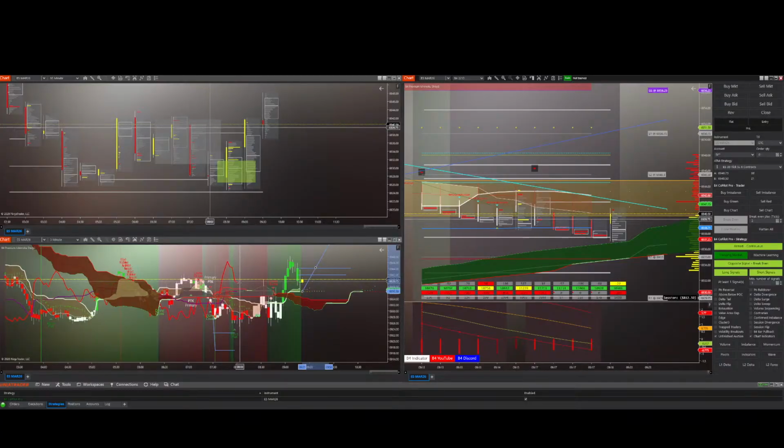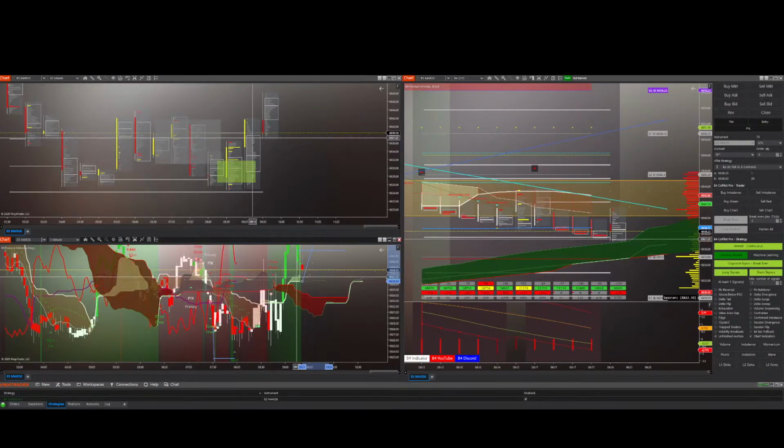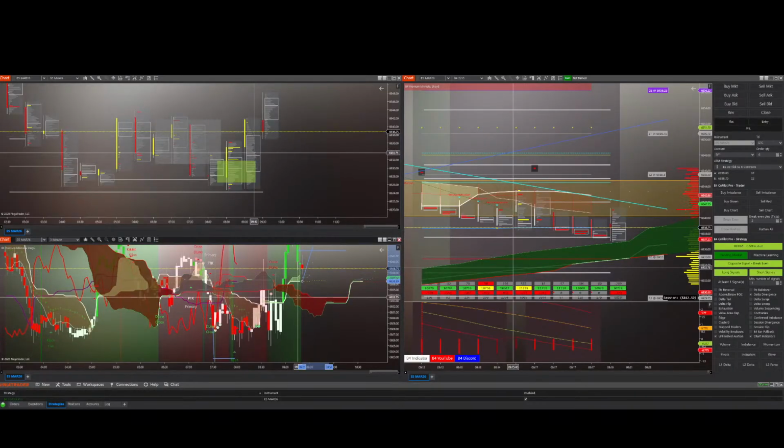It says, hey, there's a possible push up, a pullback, and a hard push. We're at dynamic support right now with the Kijun-sen.